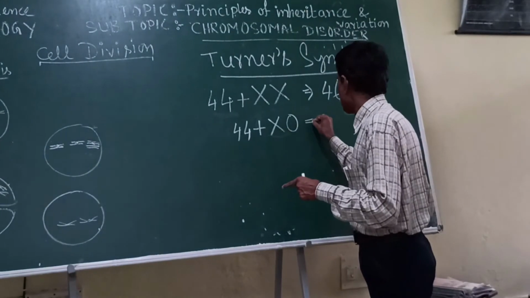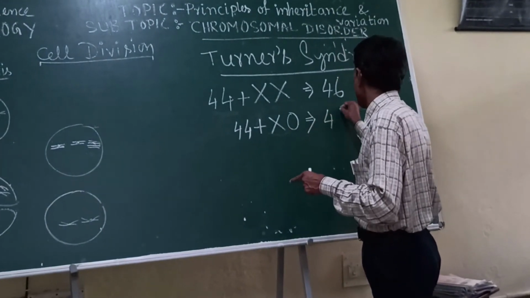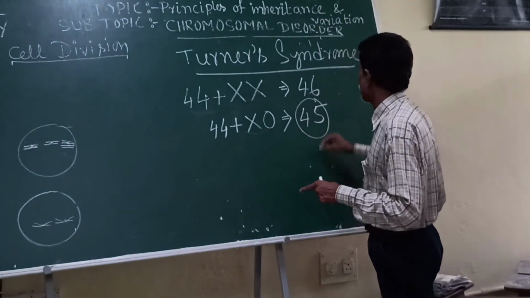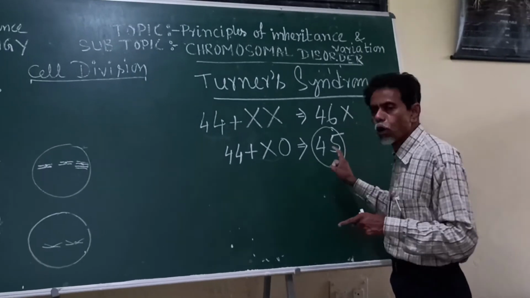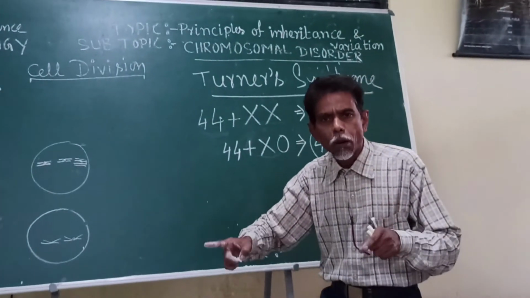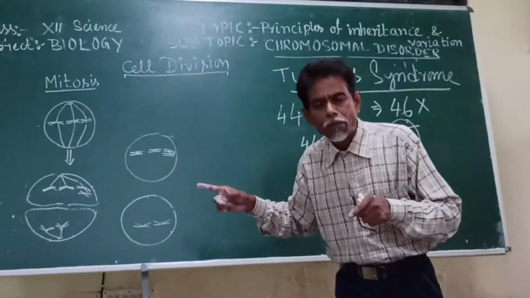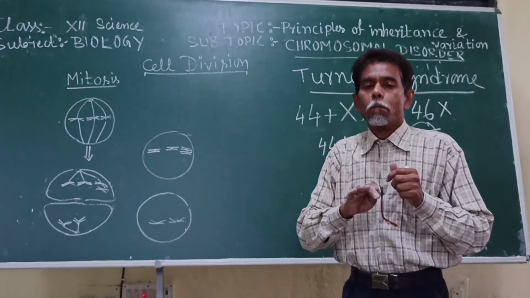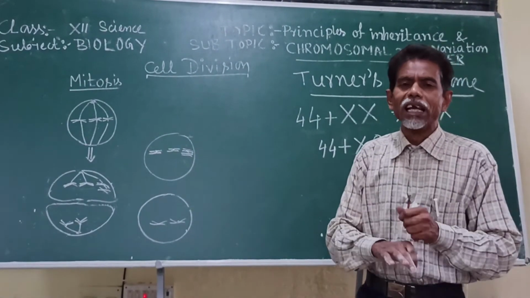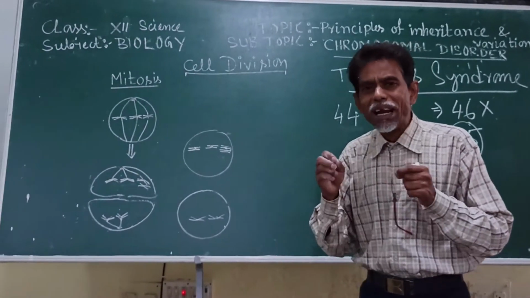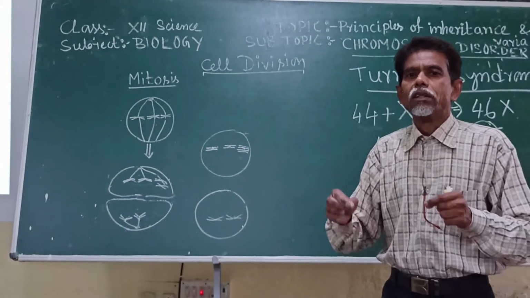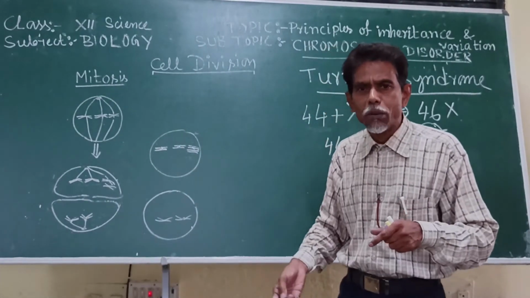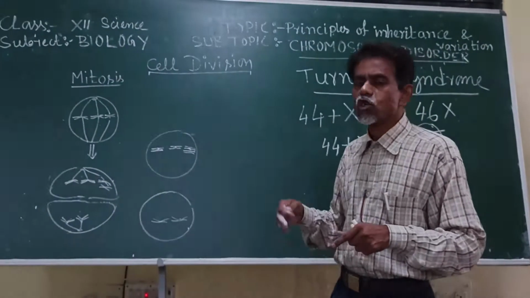So the total number of chromosomes here is 45 instead of 46. Because of that lack of one chromosome, the feminine development is stunted, with rudimentary breasts, and the uterus and other female genitalia are rudimentary and they are sterile.